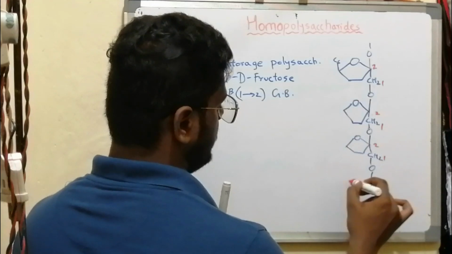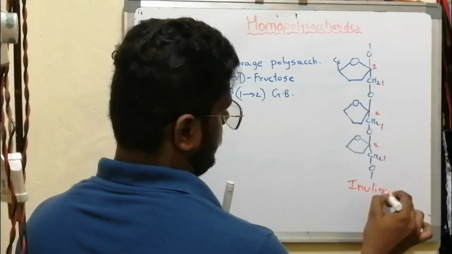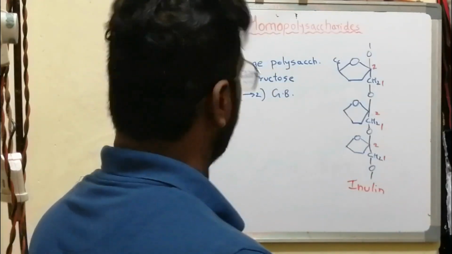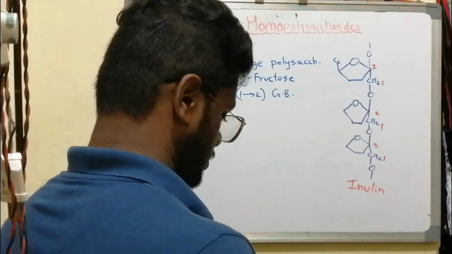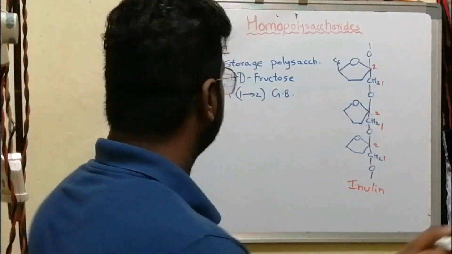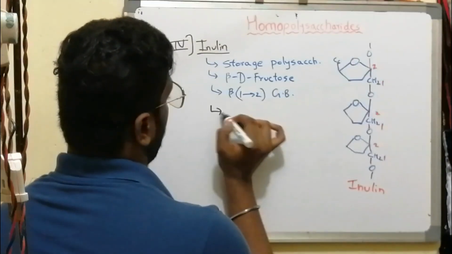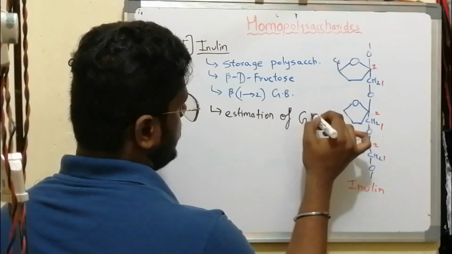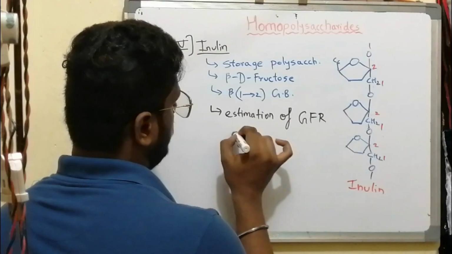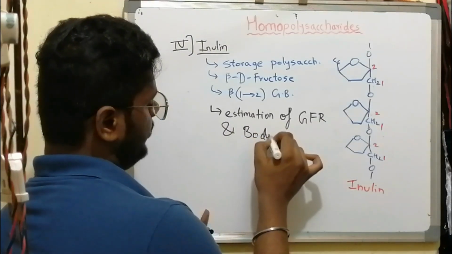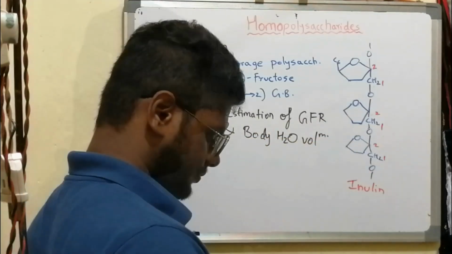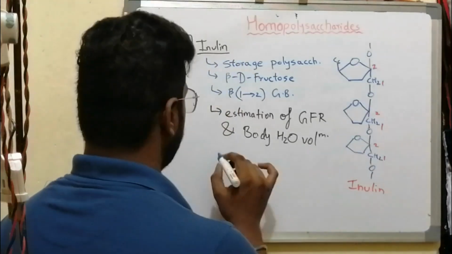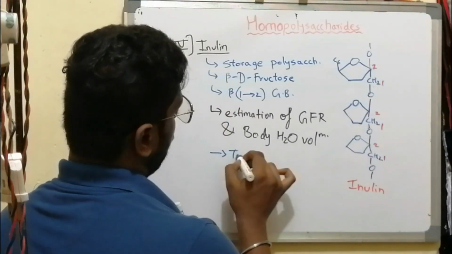So this is our inulin structure, and inulin also has some biomedical importance in our diagnostic tests for estimation of GFR and body water volume. Inulin is mostly seen in tuber plants.